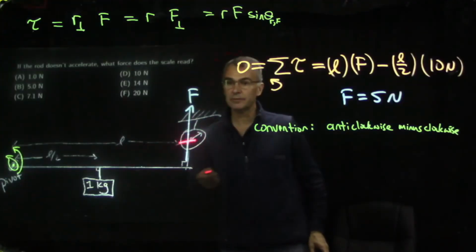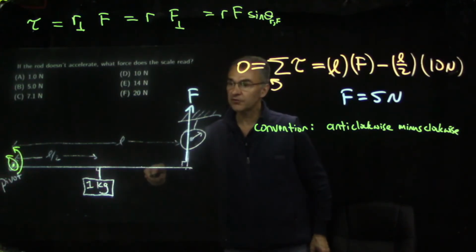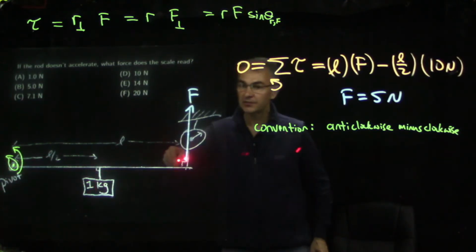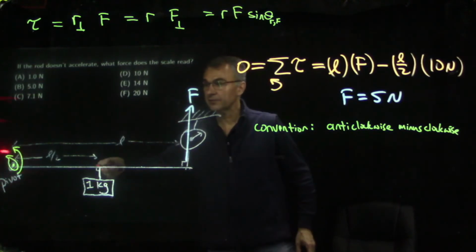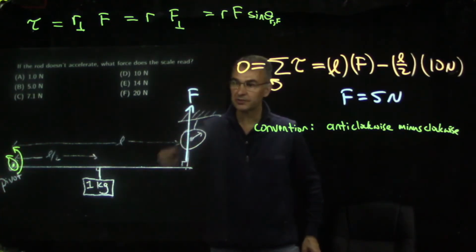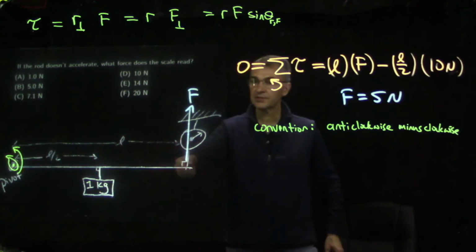Okay, now we basically reversed the position, so we want to balance the two torques. So here's one clockwise torque about this pivot, and here's one anti-clockwise torque about this pivot. We're using the convention that anti-clockwise is positive, so we'll do positive minus negative. So this is a lever arm of L times an unknown force F upward.